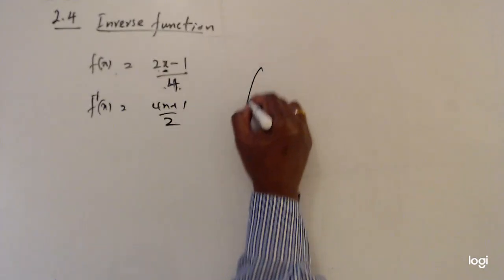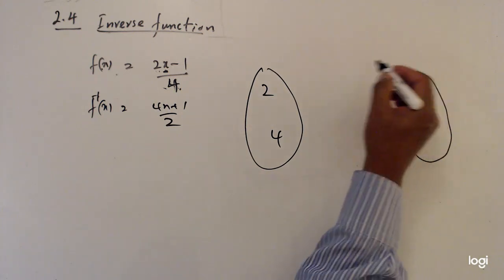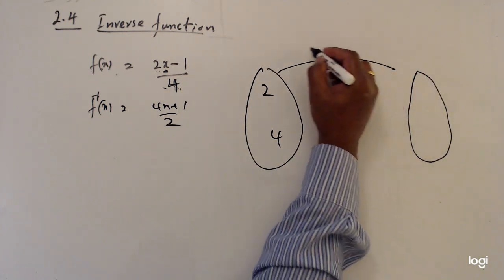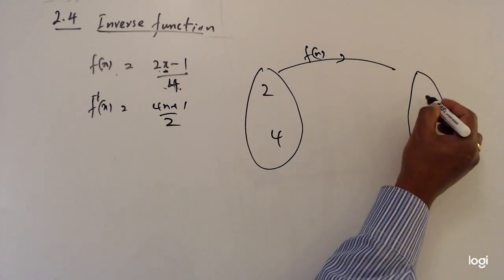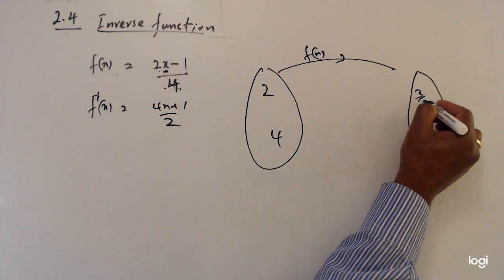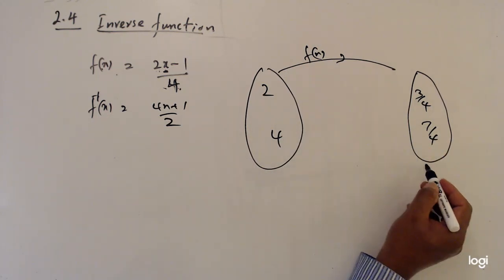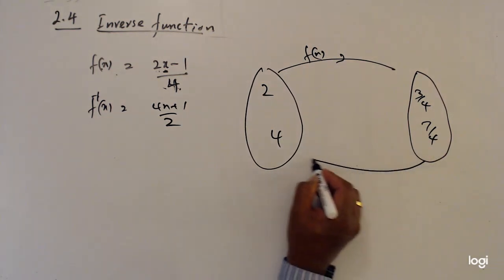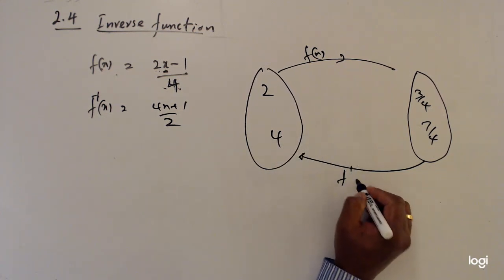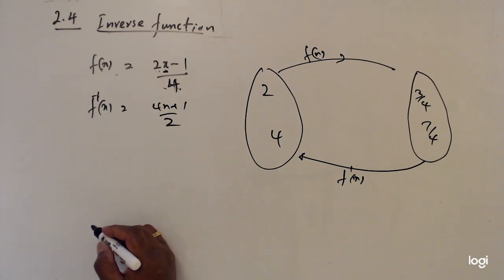Now, 2 and 4, under this function, we will get 3 over 4 and 7 over 4 for this one. Then when you put f inverse x, it will become 2 over 4.